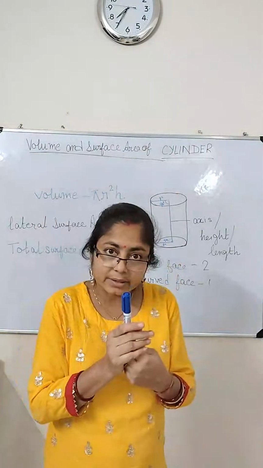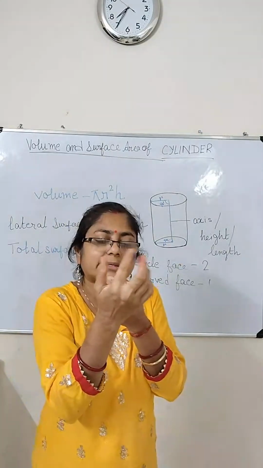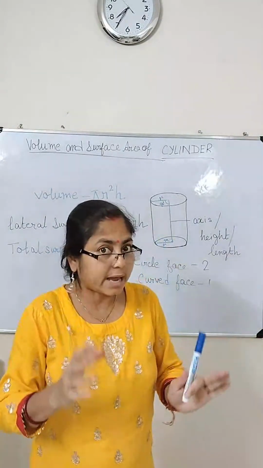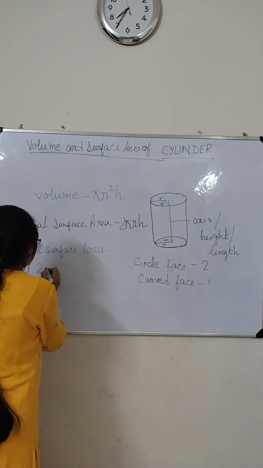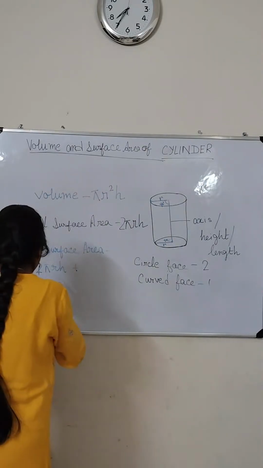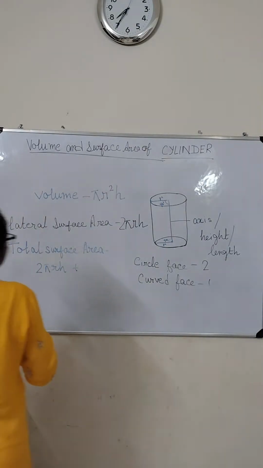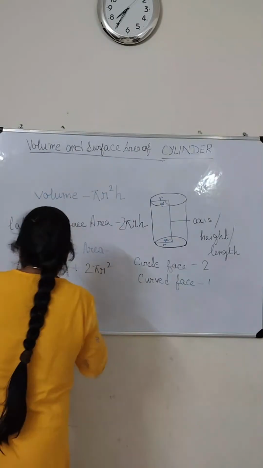It means the lateral surface area plus the two circles, this one circle and this one. These two circles are there. So how can I write? 2 pi rh plus 2 pi r².